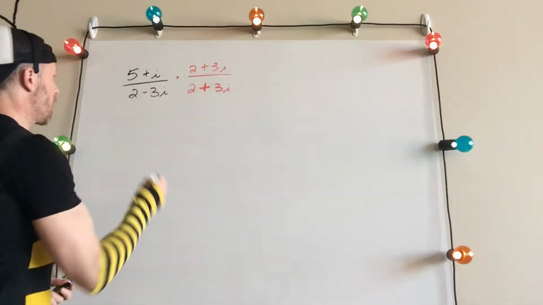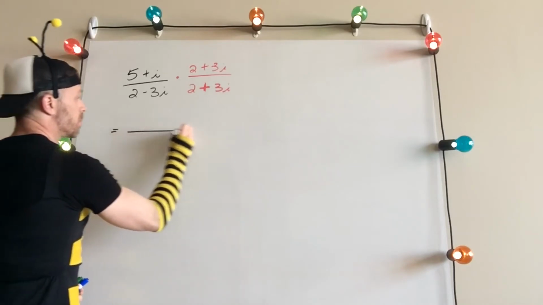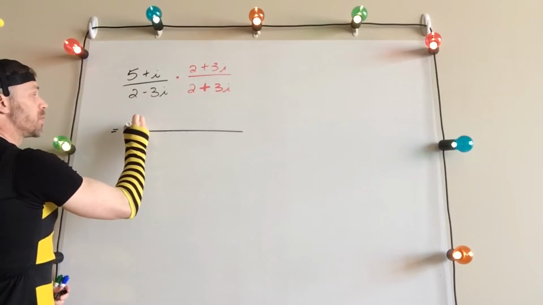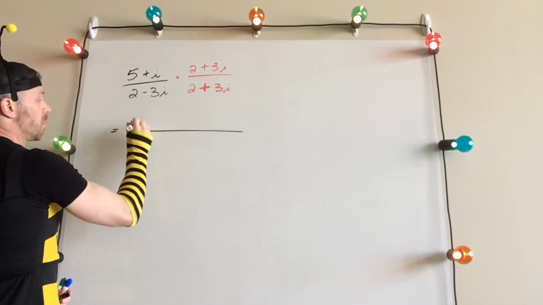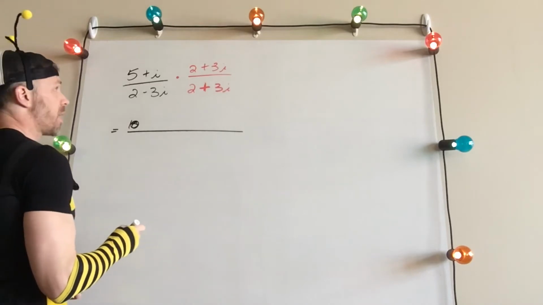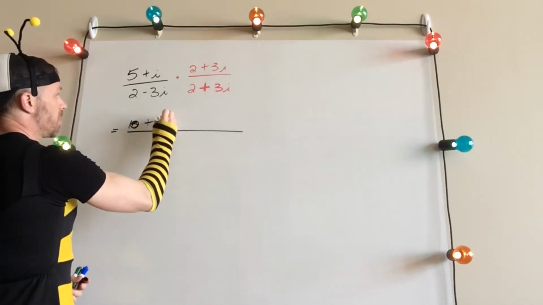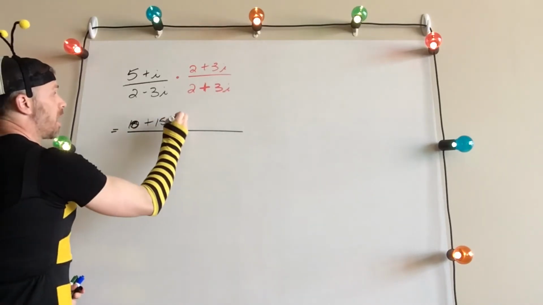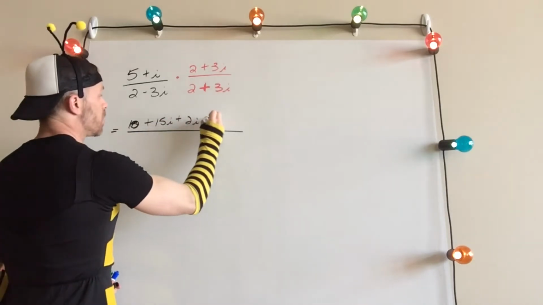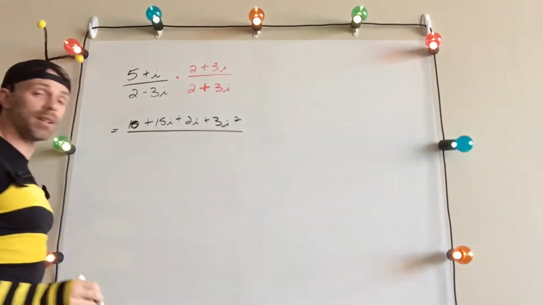All right, when we FOIL in the numerator, first gives us 5 times 2, which is 10. Outer, 5 times 3, 15i. Inner, i times 2, 2i. And last becomes 3i squared.